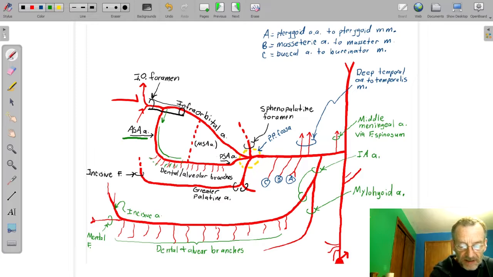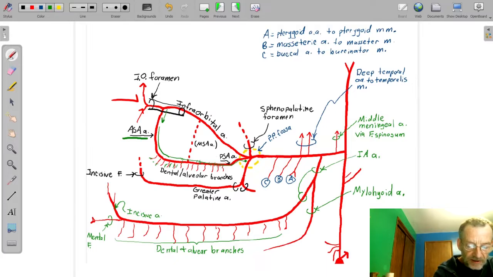And the PSA, the posterior superior alveolar artery, branches off of the maxillary, enters again through those foramina in the maxillary tuberosity and hooks up with the infraorbital and supplies the rest of the teeth.